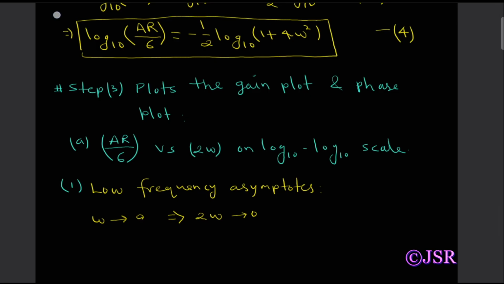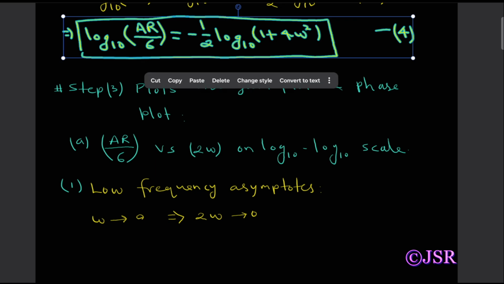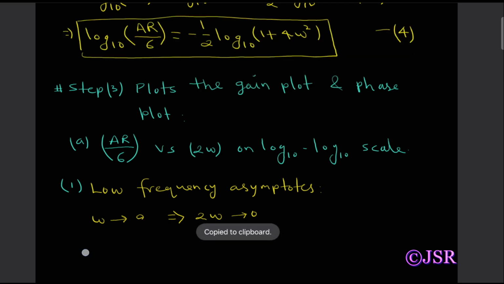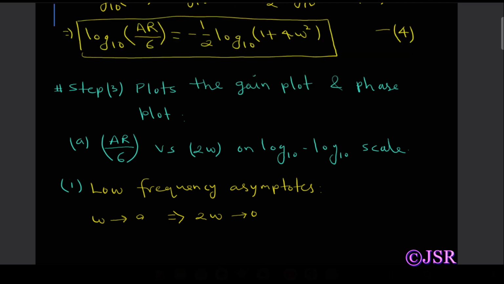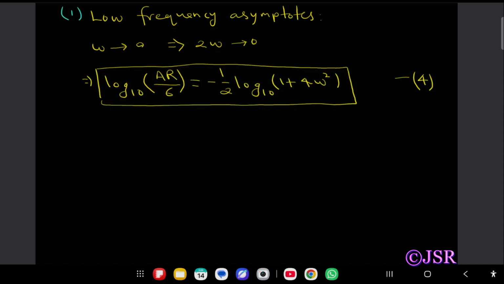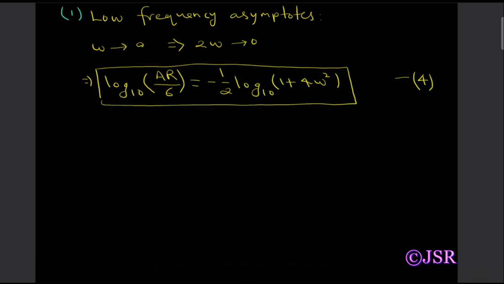So using this expression 4, we will put tau omega square tends to 0.